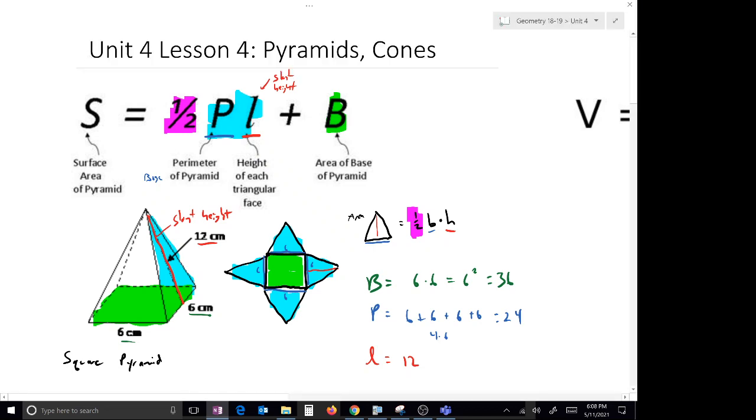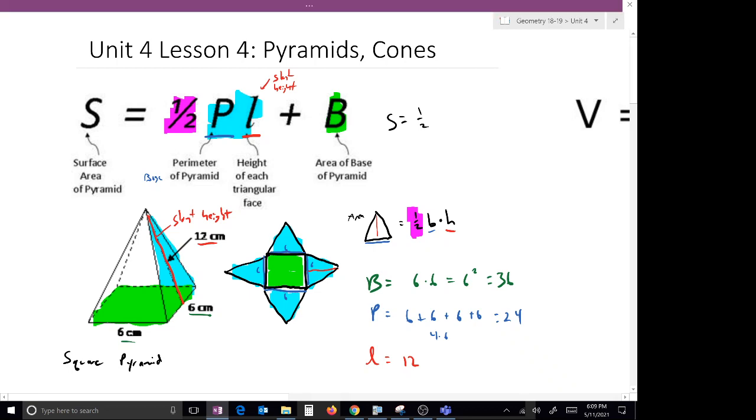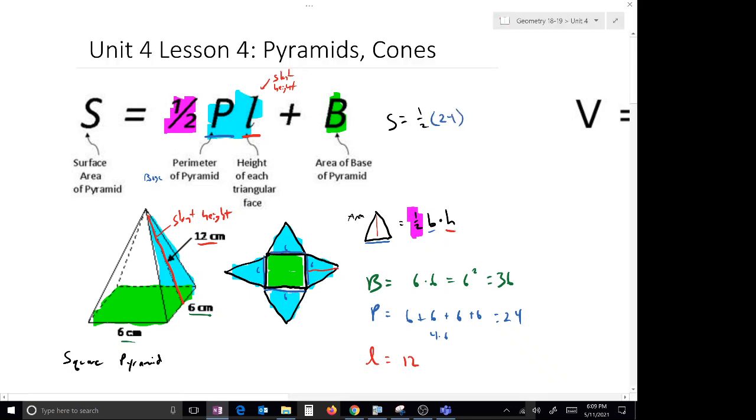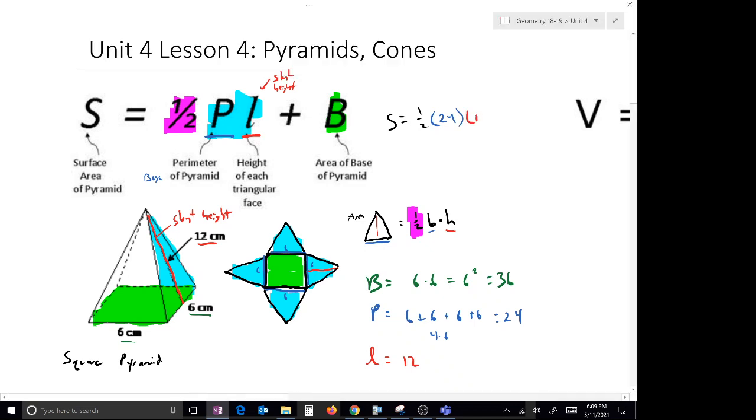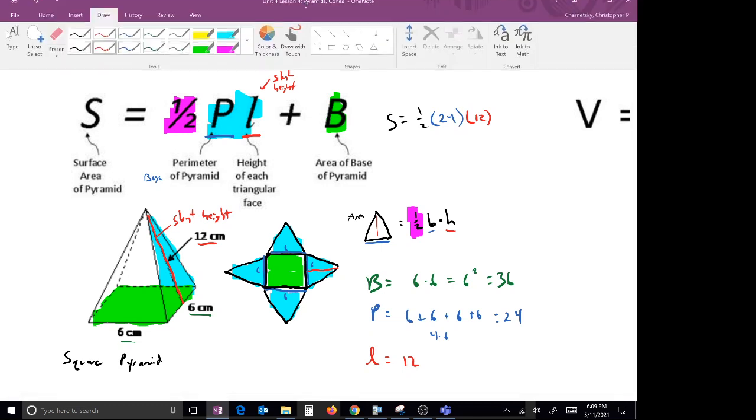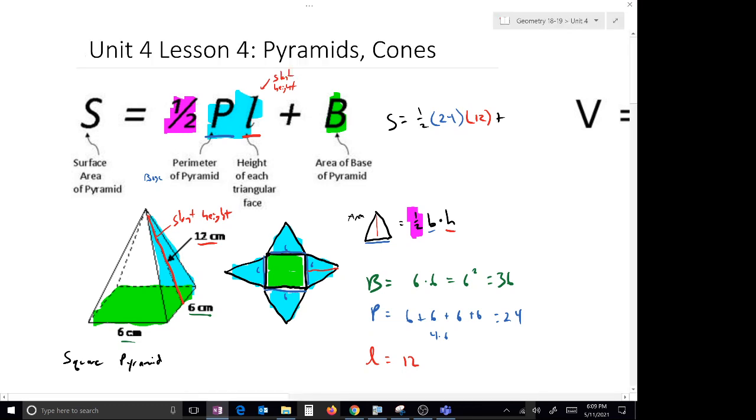So for our surface area, S equals 1/2 times the perimeter of the base, which is 24, times 12, plus our base, which is 36.